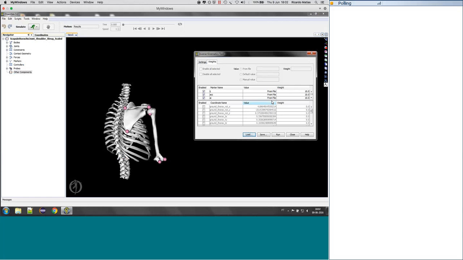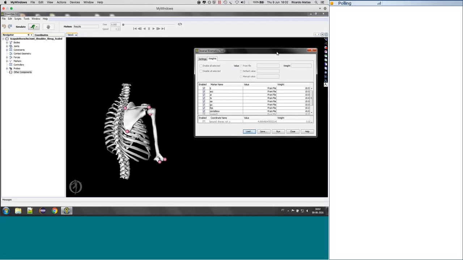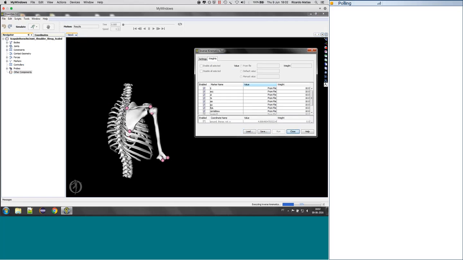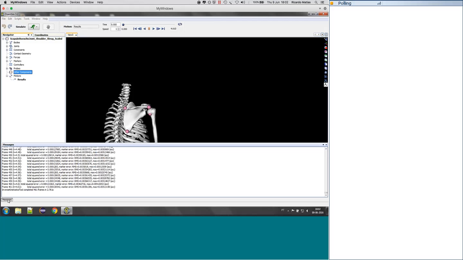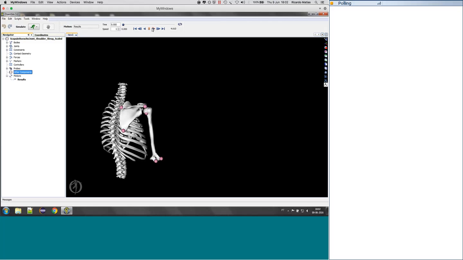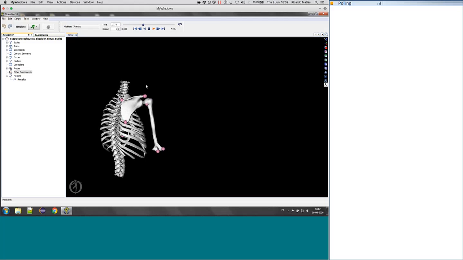As you can see, we'll equally weight all the markers. So we can run inverse kinematics. Okay. As you can see, it took around 3 seconds to reconstruct an activity of near 5 seconds. And this is how the reconstructed motion of the shrug activity looks.